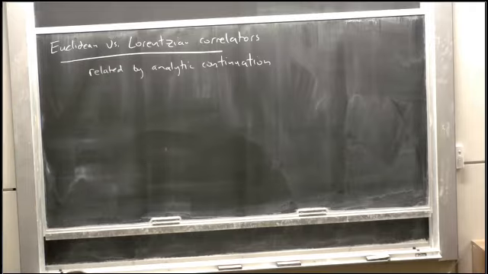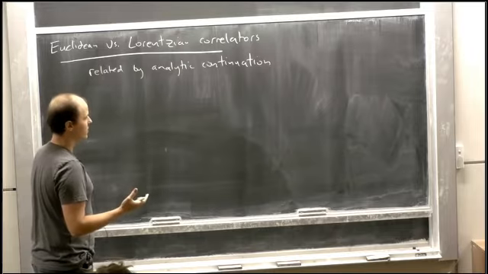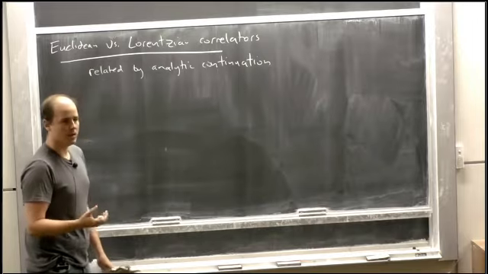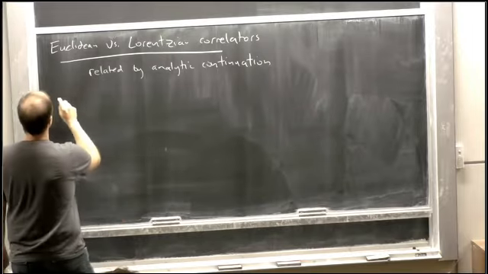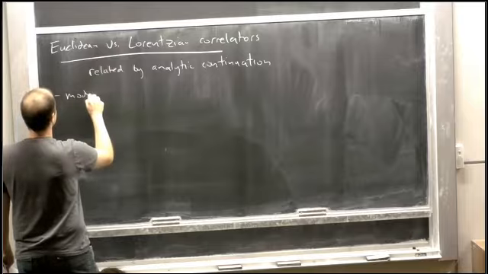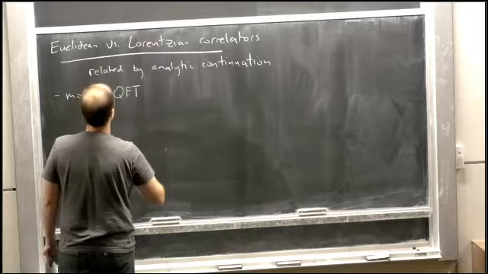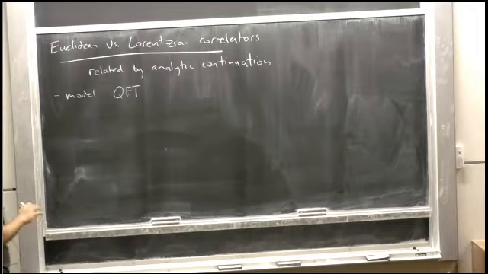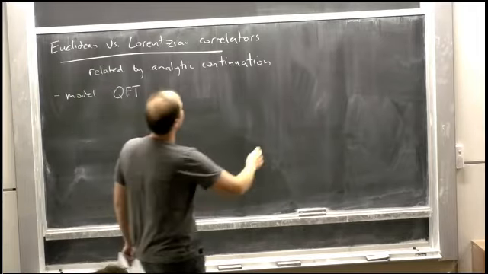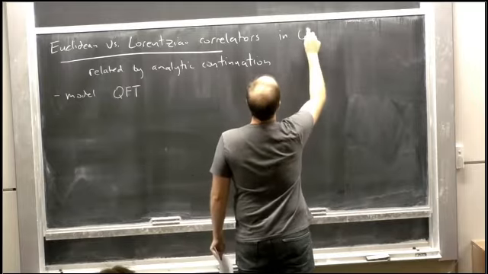Many properties of this relationship between Euclidean and Lorentzian correlators are easy to understand already in quantum mechanics. So we're going to model a QFT, and I'm not going to use conformal symmetry for a while. We're just going to talk about a general QFT.